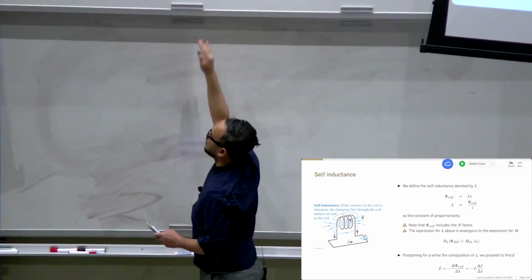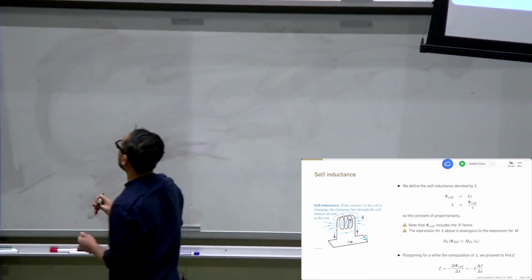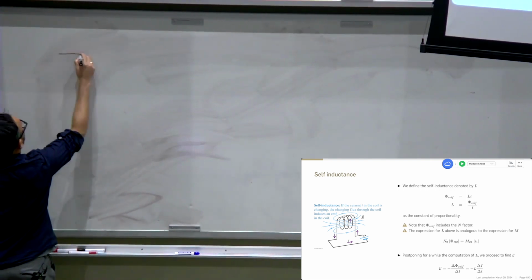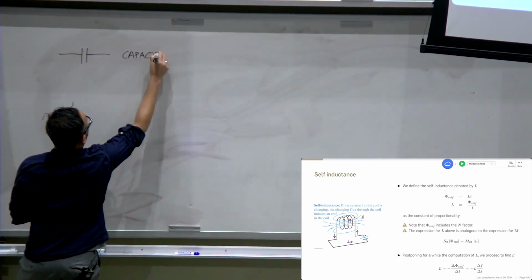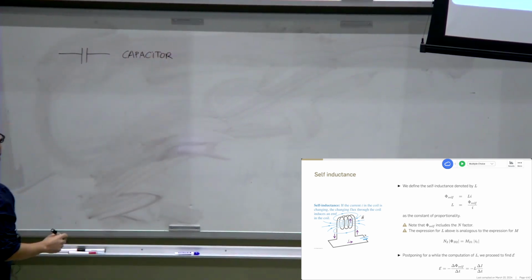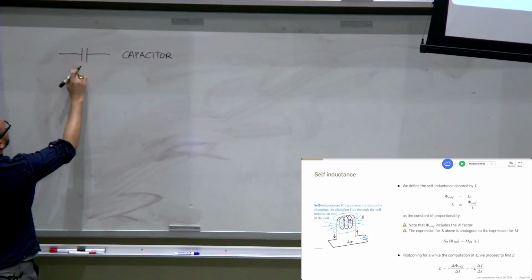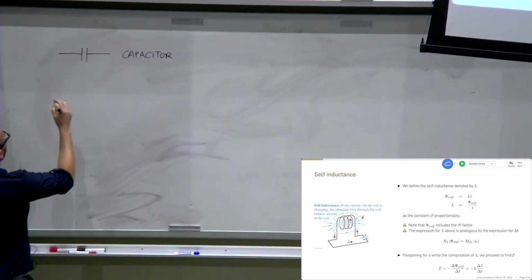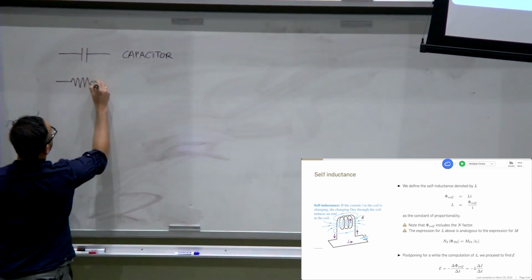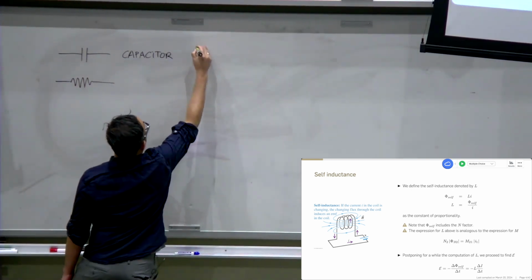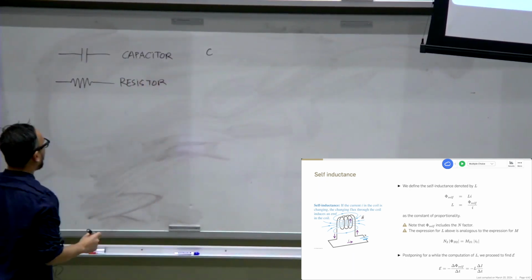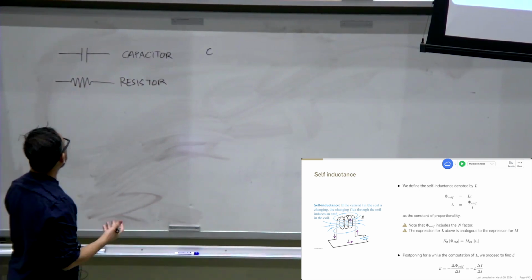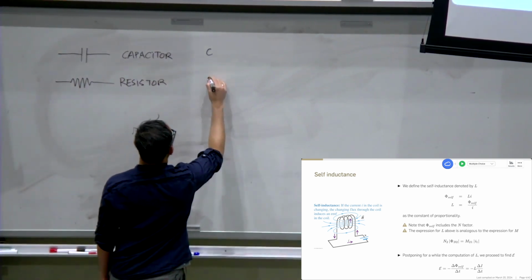Next, what we want to discuss is an inductor. We learned about a capacitor before, which is a device that can save energy in terms of charge. And we learned about a resistor, which is a device that modulates voltage or slows down currents.